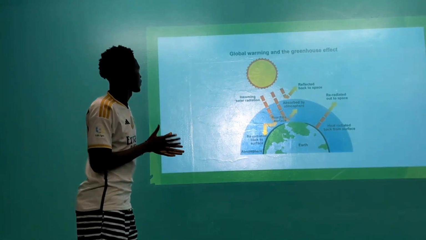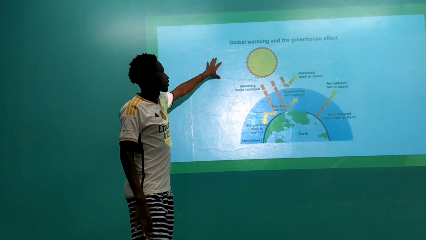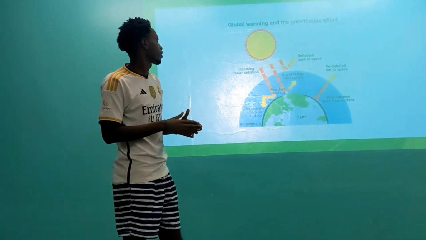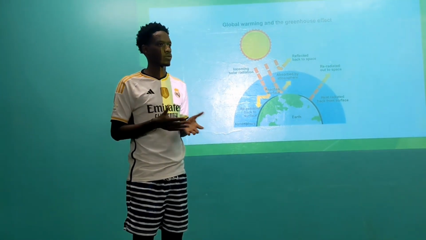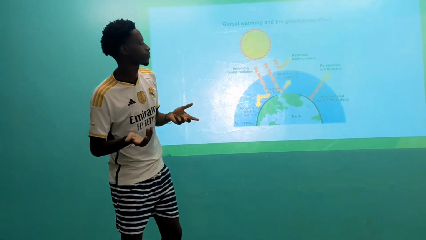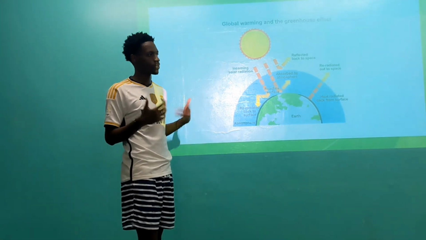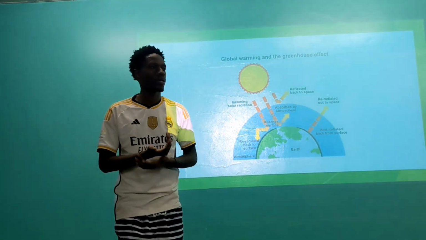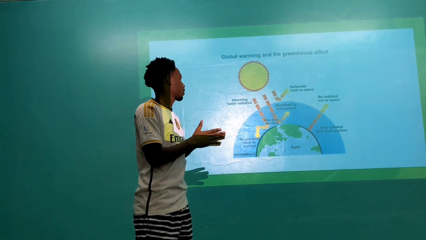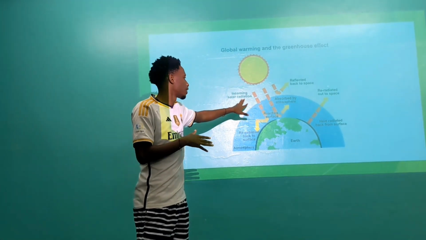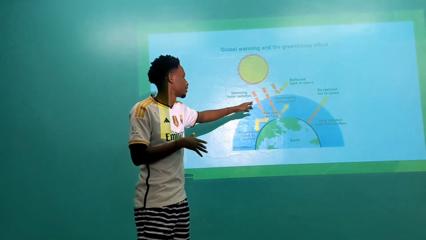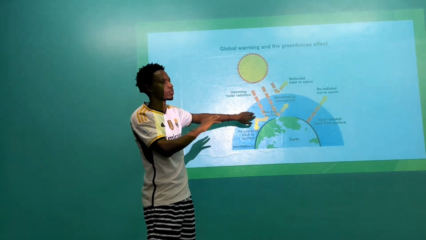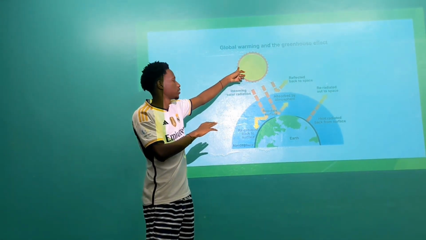Next. We have also discussed global warming and the greenhouse effect. Global warming usually refers to the gradual increase of temperature on the Earth's surface, whereas the greenhouse effect refers to the phenomenon by which incoming solar radiation reaching the Earth's surface is trapped by greenhouse gases so that it is prevented from returning back to space.